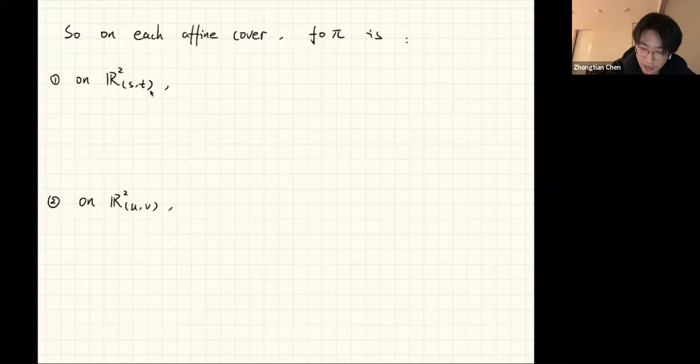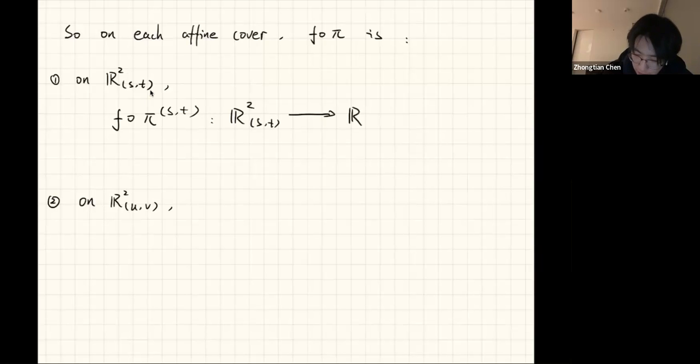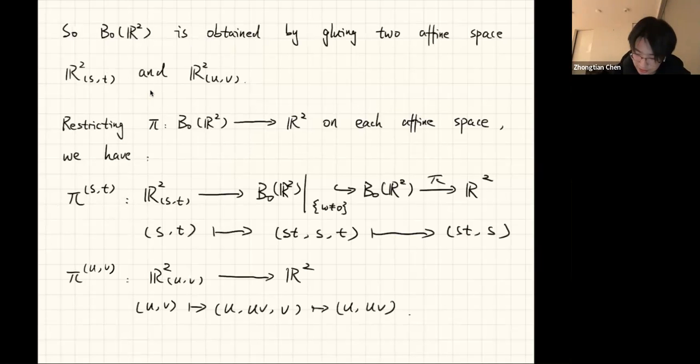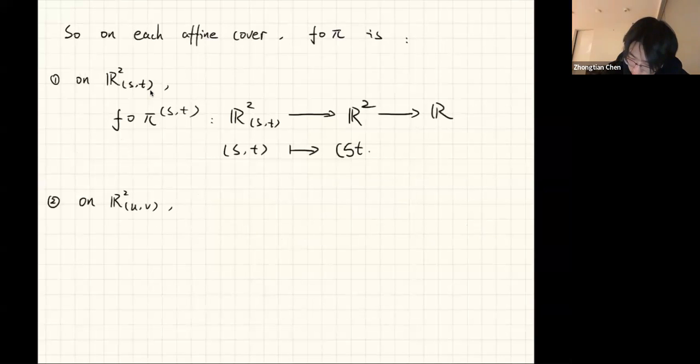On this R2 with s, t as coordinates, F composed with pi will be this. Again, we first apply pi, then apply F. So we take (s, t), apply pi, we will get (st, s), and apply F to this point.